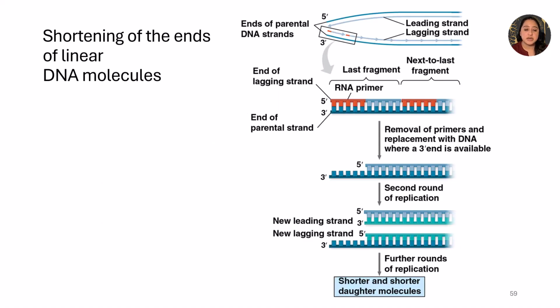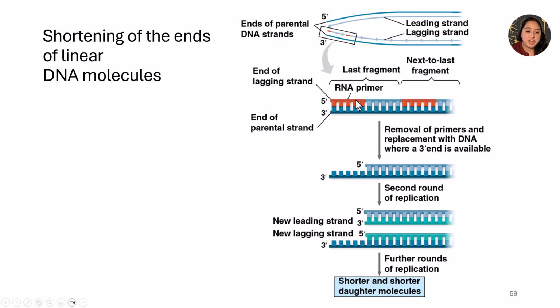So here is a picture showing that. Say this is the very, very end of a chromosome. This end of the chromosome has a 5' end. If we were to zoom in on this lagging strand, there's a primer here on the 5' end. That's necessary to help build a little bit of the next Okazaki fragment and then the next fragment.